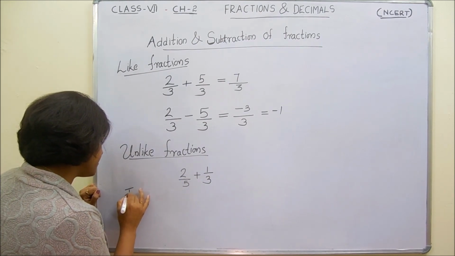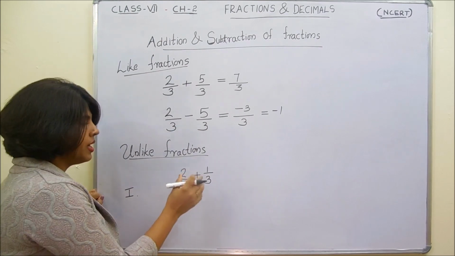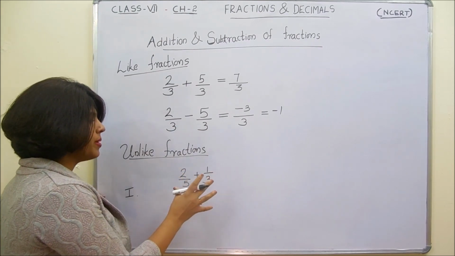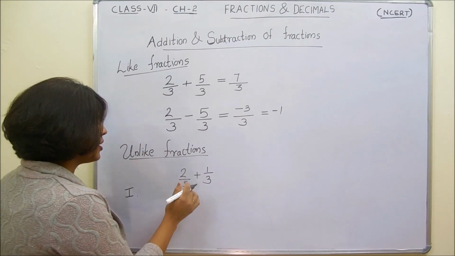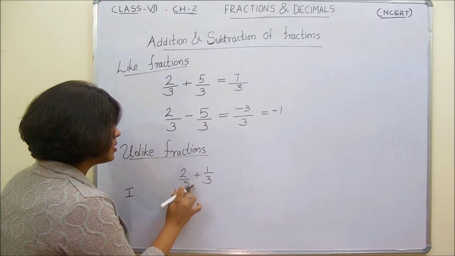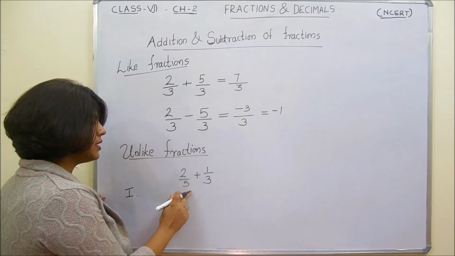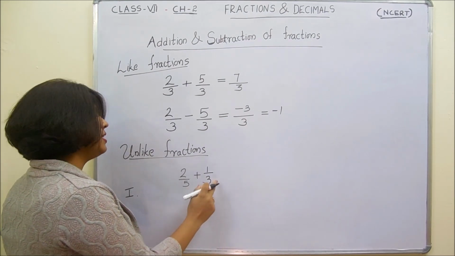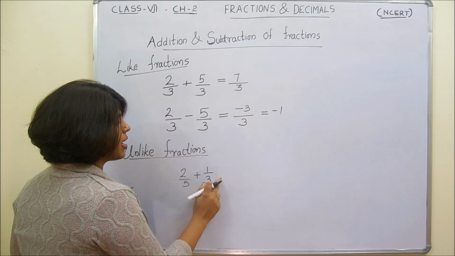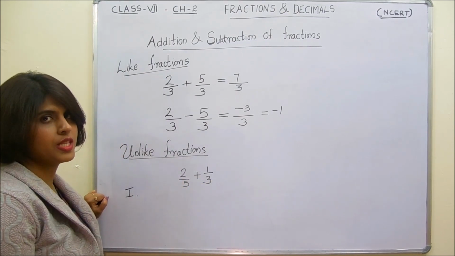First one, here we can make the denominators equal. If we multiply the first fraction by 3, then it would become 15 in the denominator. If we multiply the second by 5, then here it will also become 15, right?